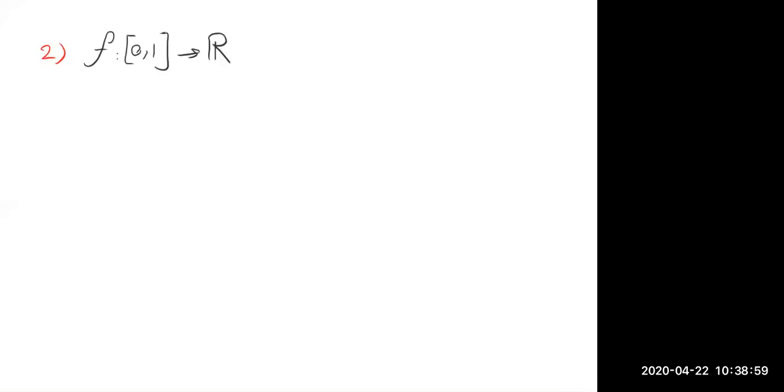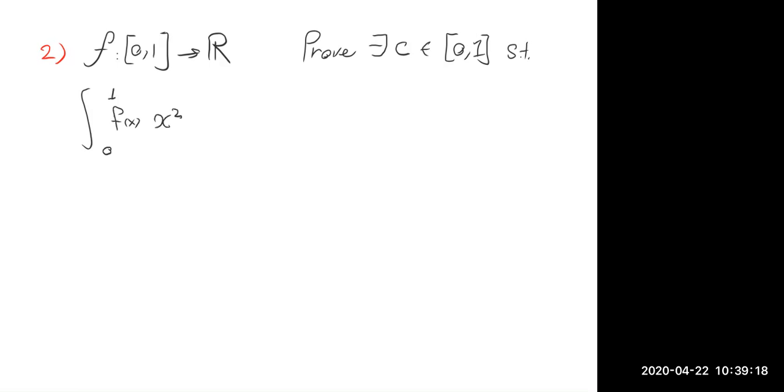Show that, prove there exists a number c in this interval 0 to 1 such that the integral of f of x times x squared from 0 to 1 dx is equal to 1 over 3 f of c.